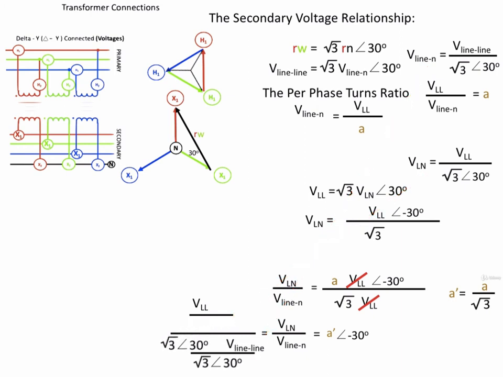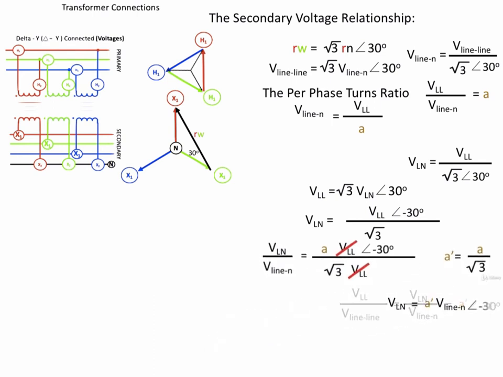And then I'll simplify the equation as I've already done in the past by getting rid of the fraction signs and the common terms. And so we're left with the voltage primary line to line all over the secondary voltage line to line is equal to the ratio of the line to neutral voltage primary over the line to neutral voltage secondary, which is equal to A primed at minus 30 degrees.